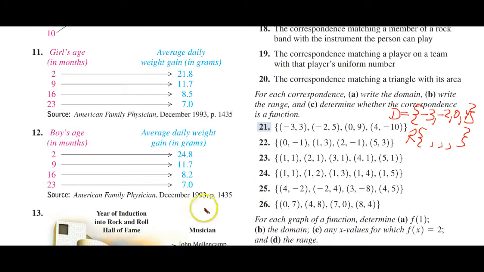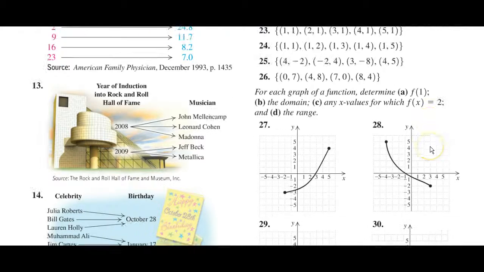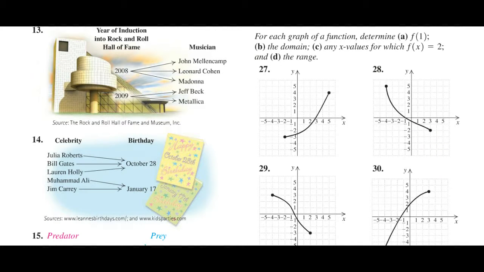Now, one that I'd like to do in my little remaining time, I want to keep these down to about 10 minutes, is determine by looking at the graph, are they functions? And they say yes, and they are saying it right here. These all pass the vertical line test.